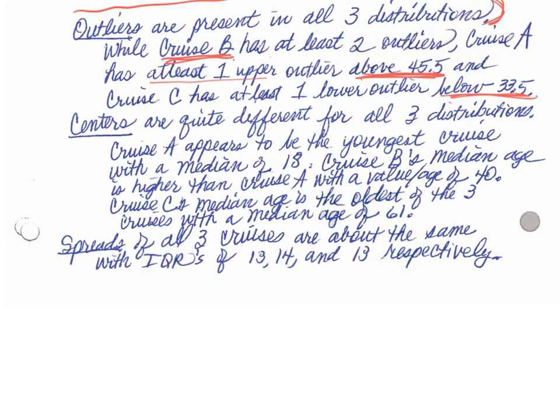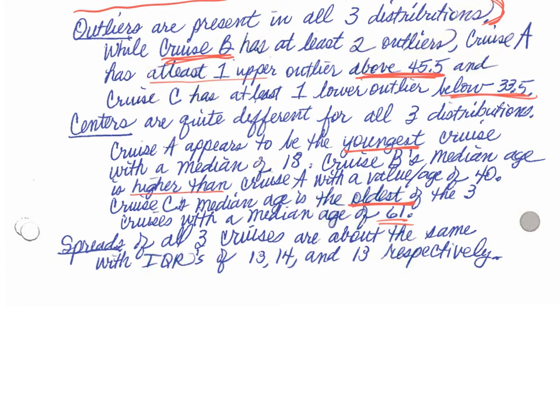Cruise A appears to be the youngest cruise with a median of 18. Cruise B's median age is higher than Cruise A with a value of 40. And finally, Cruise C's median age is the oldest, that's comparative language, oldest of the three cruises with a median age of 61.